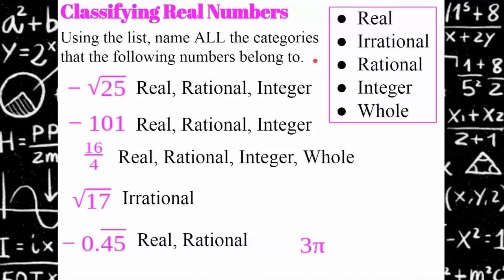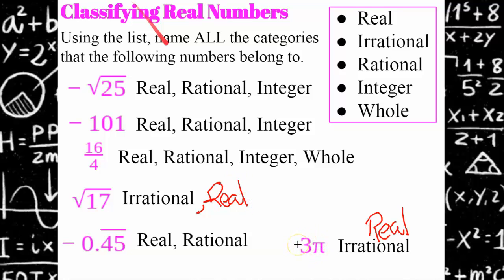3 times pi, 3 pi. Go ahead and hit pause, come back and check your work. This is irrational, and it should also have real here. So 3 pi is real and irrational, as the square root of 17 is real and irrational.